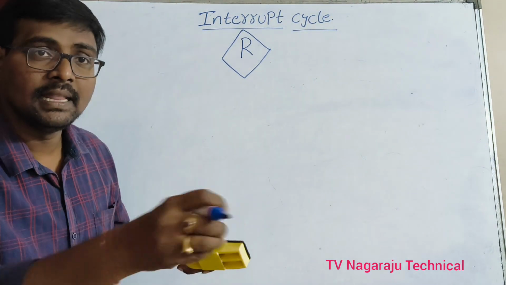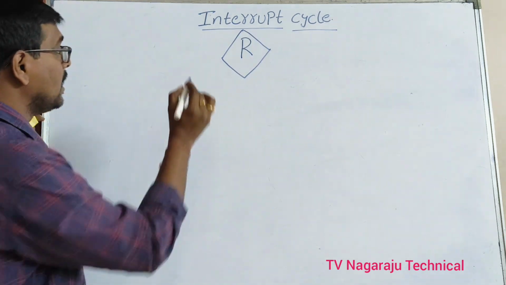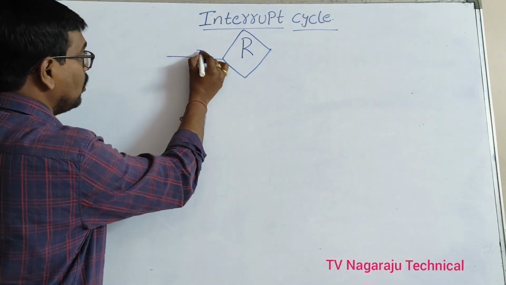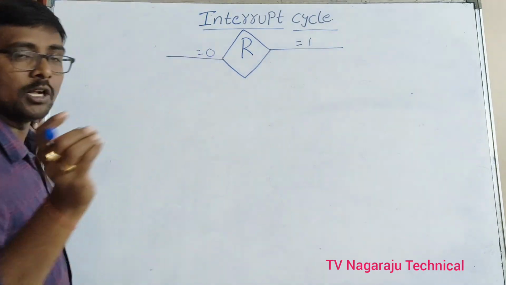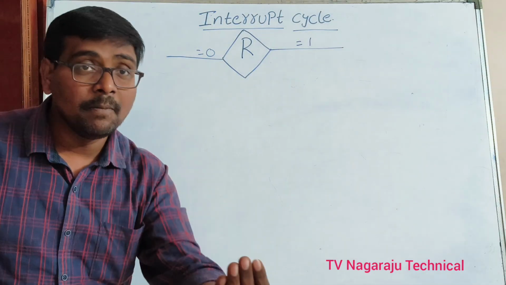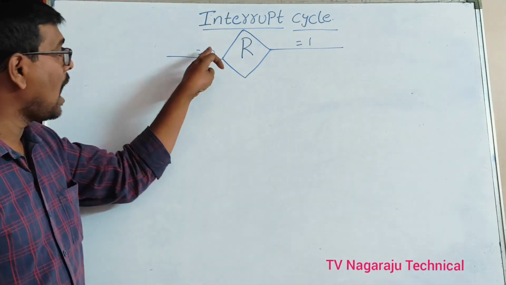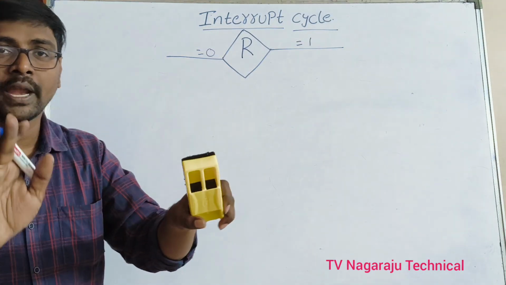So for handling the interrupts in the CPU, one flip-flop R is there. Now R is equal to 0 or R is equal to 1. Two possible cases. R is equal to 0 in the sense right now there is no interrupt.